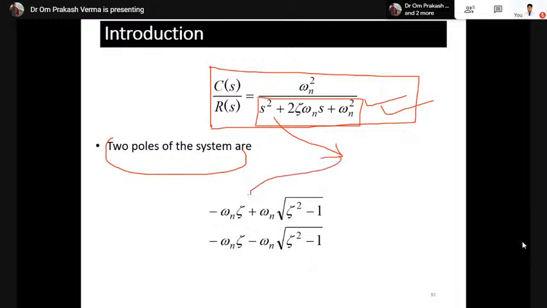When you solve it, you get two roots: minus omega n zeta plus omega n under root zeta square minus 1, and minus omega n zeta minus omega n under root zeta square minus 1. These are the two poles.